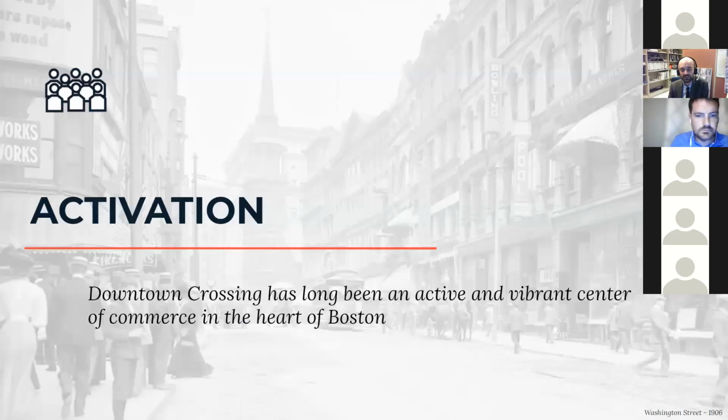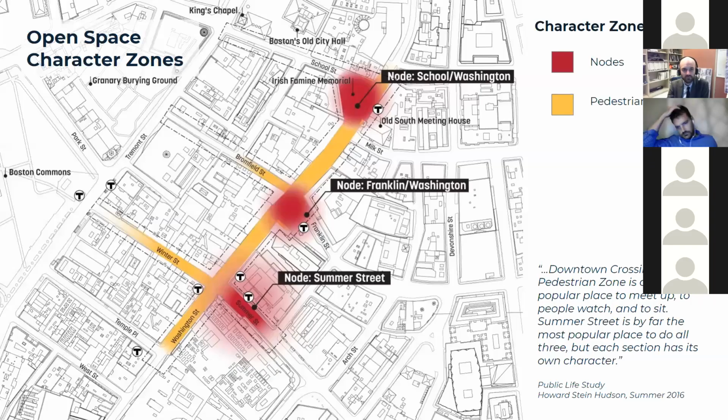Thank you for those. So moving on to the next theme is activation, and this is really about how this project can continue to support all the positive activities that are already happening in the district.